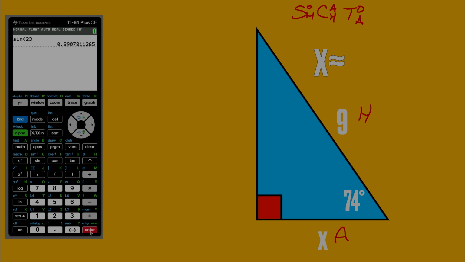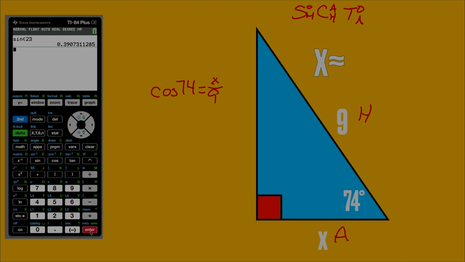We have adjacent and hypotenuse, which means we are on cosine. So the cosine of 74 is equal to adjacent over hypotenuse.